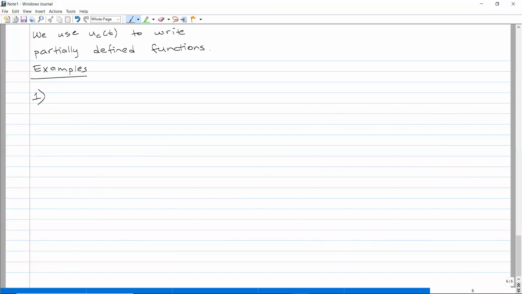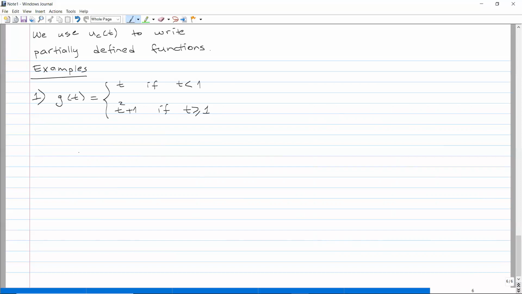So for example, let's say we have the function g defined to be t if t is less than 1, and t squared plus 1 if t is greater than or equal to 1. How can I write this function g using unit step functions?